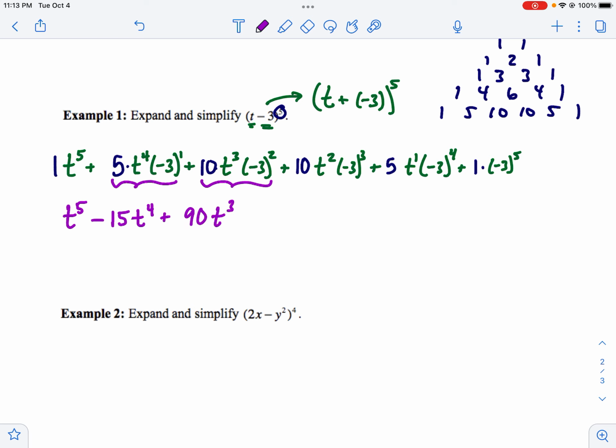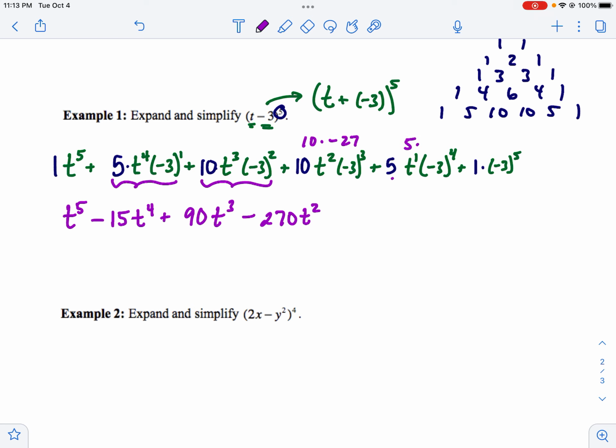Then on the next one, because the negative 3 is raised to the third, right, that's going to come out negative. So I'm going to have 10 times negative 27. So that would be minus 270 t squared. And then I've got negative 3 to the fourth. So that's going to come out positive.